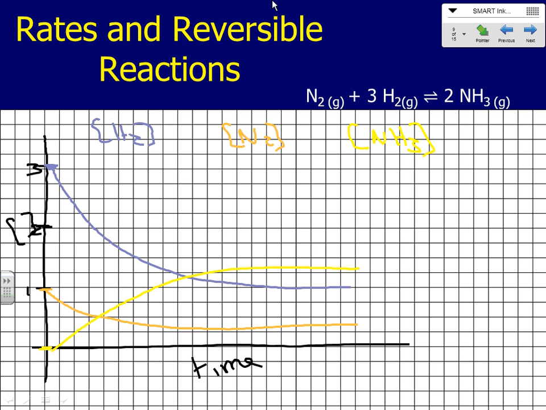Some notes on this thing. Number one, not all reactant converted to product. That's a very important thing. That represents an equilibrium situation.